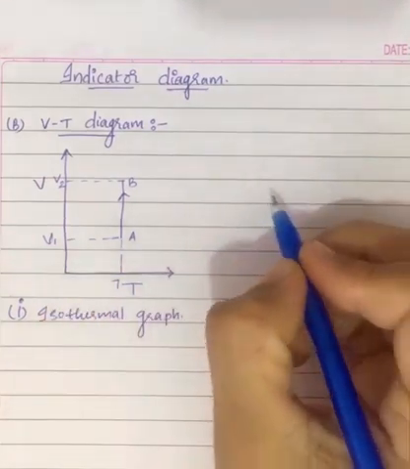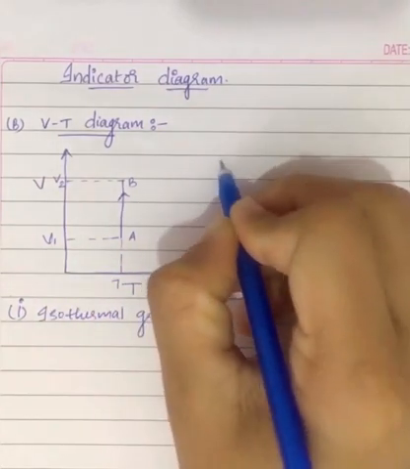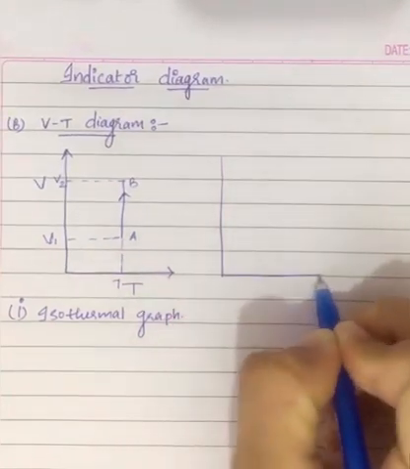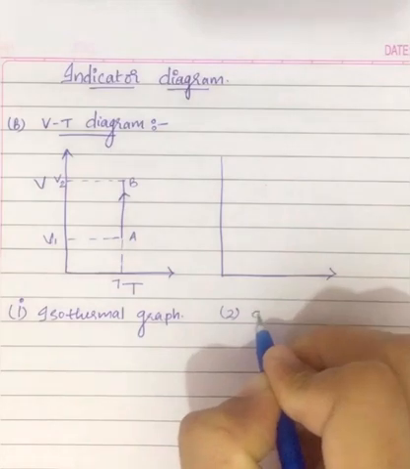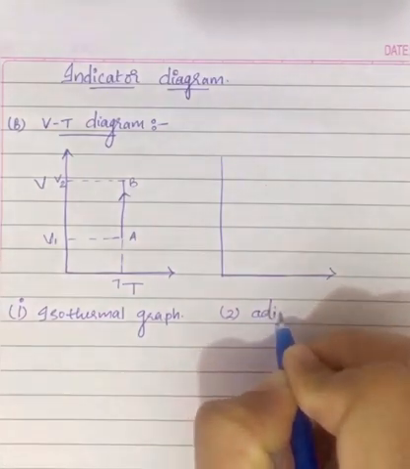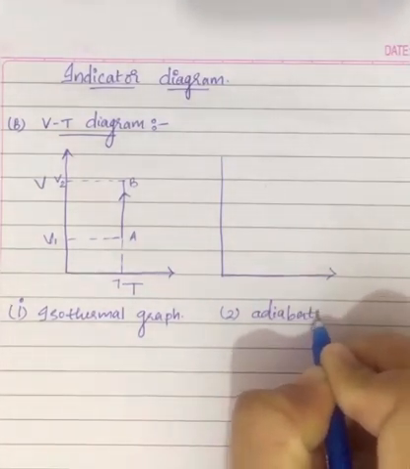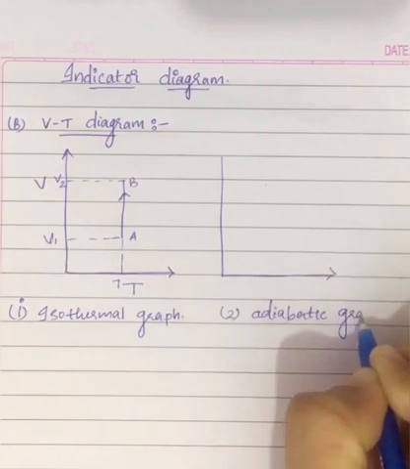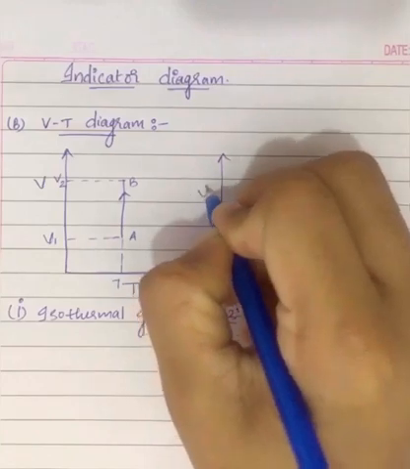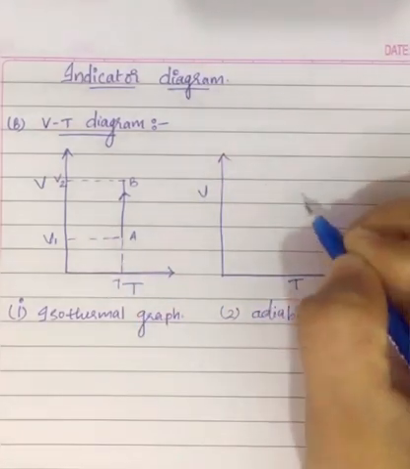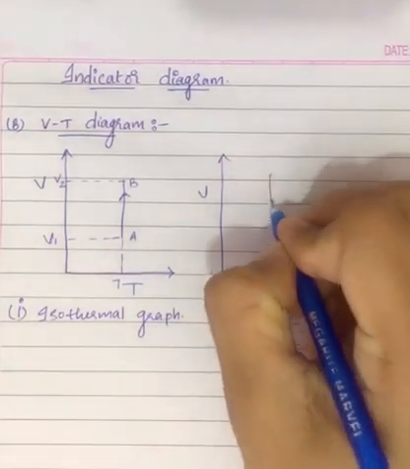So next graph, let me draw the adiabatic graph, where volume is along the y-axis and temperature along the x-axis.